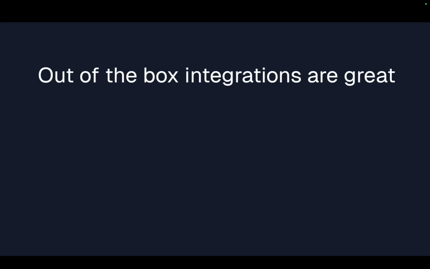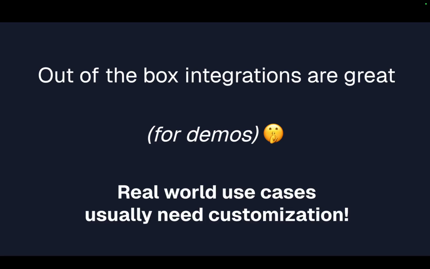Okay, so out-of-the-box integrations are great, as the previous demo showed, but they're often good only for demos. And what you really want as a data platform owner is the ability to customize to your domain, to your users, and to integrate with the custom technologies that are in your unique stack, either for legacy or preference purposes.